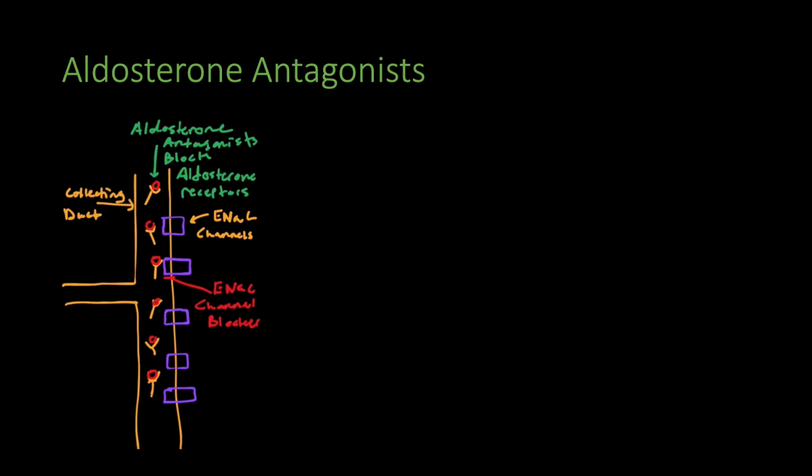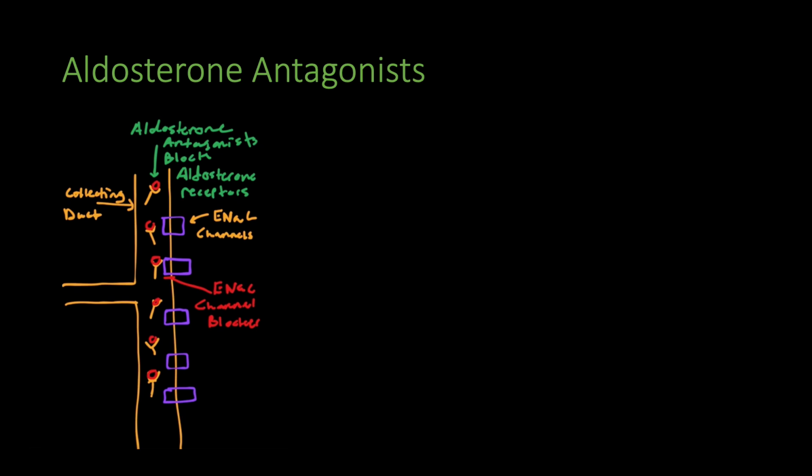The aldosterone antagonists like spironolactone and eplerenone work mostly around the kidneys, in the nephron, at the very end of the nephron, in the late distal convoluted tubule or collecting duct.